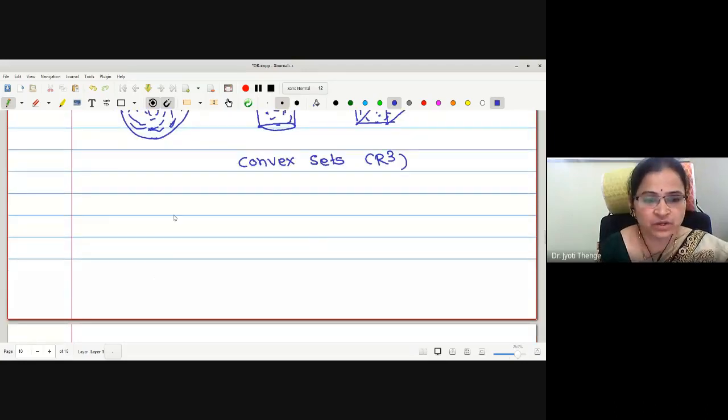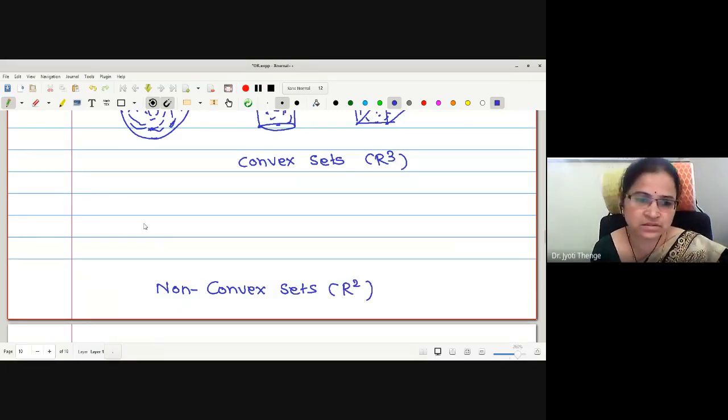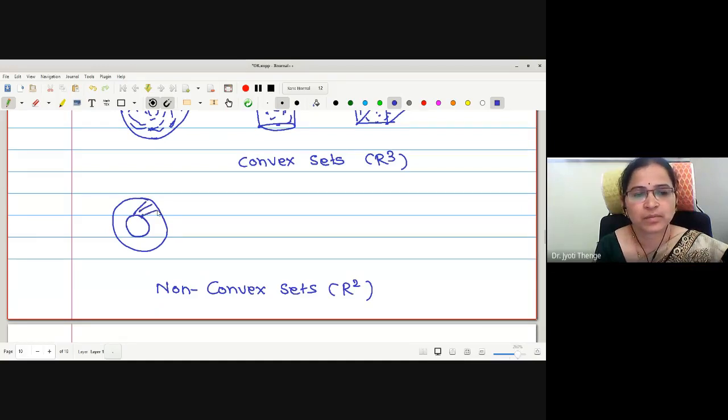Now we will look at some examples of non-convex sets. In R2 space I will consider first a sketch somewhat like this: a disk where the inner part is open, meaning this much area only. Is it a convex set?